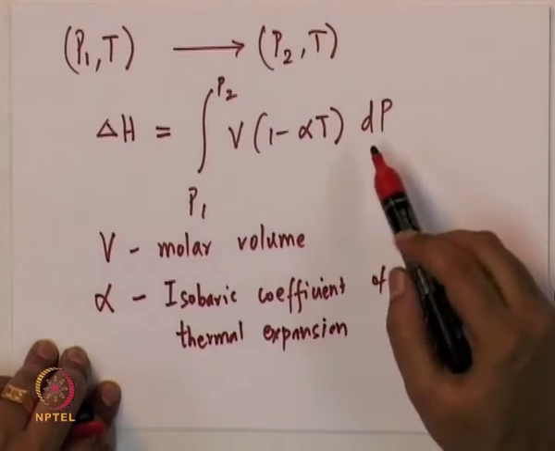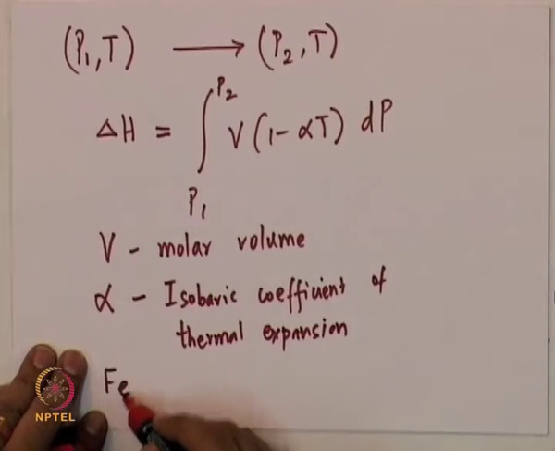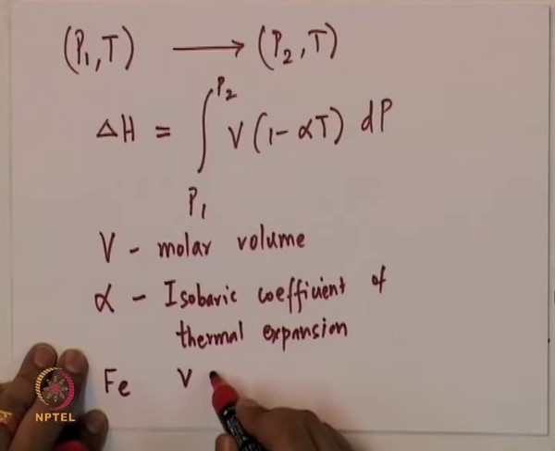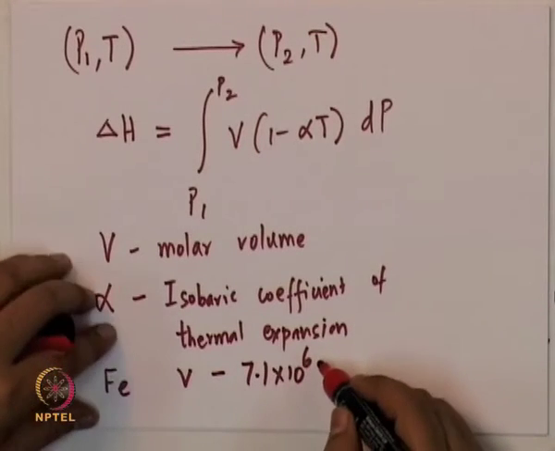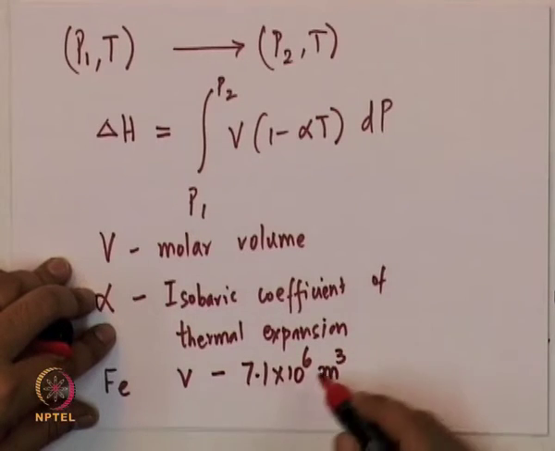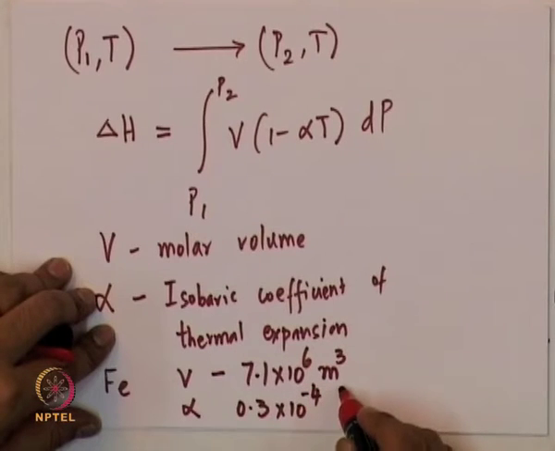Now, take the example of iron. V is some 7.1 times 10 to the power minus 6 meter cube, this is the molar volume, and alpha is 0.3 times 10 to the power minus 4 per Kelvin.